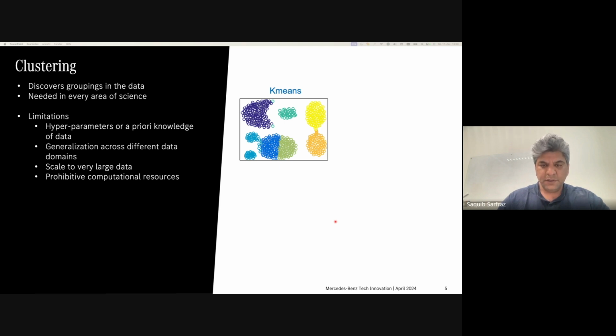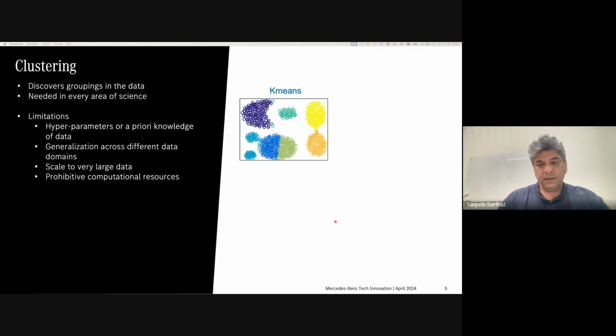The biggest limitation is that you need to specify hyperparameters, like how many clusters you need, or distance thresholds. In other words, you need some prior knowledge about your data before you deploy a specific clustering algorithm.